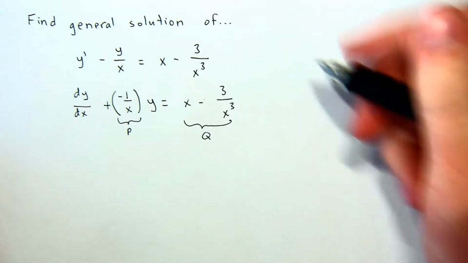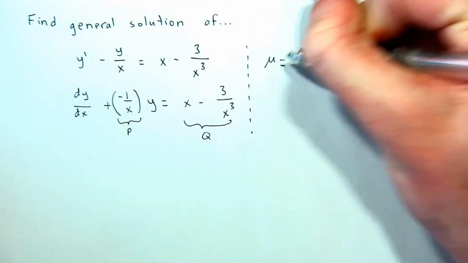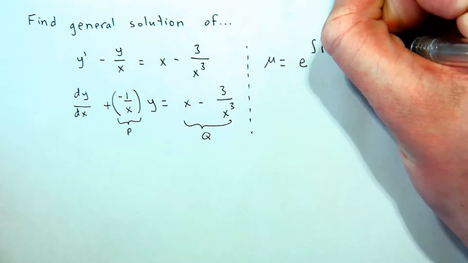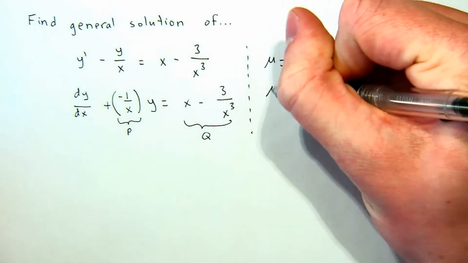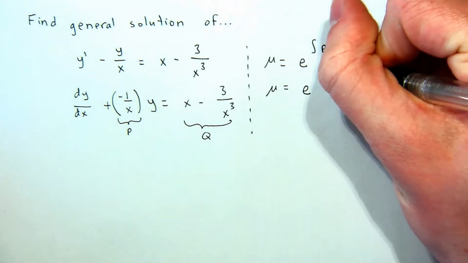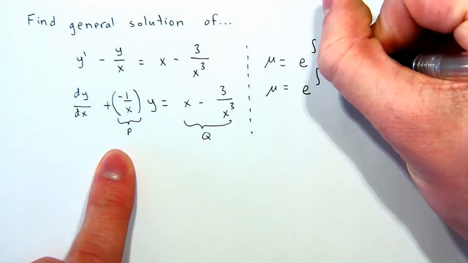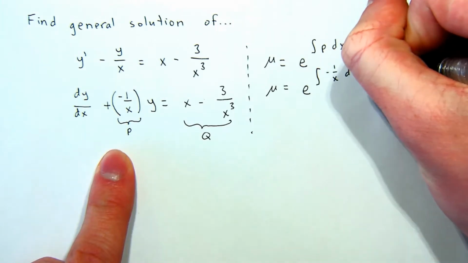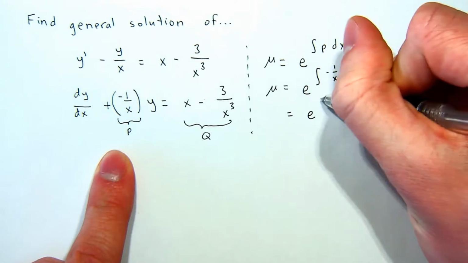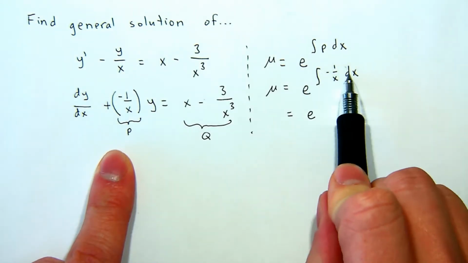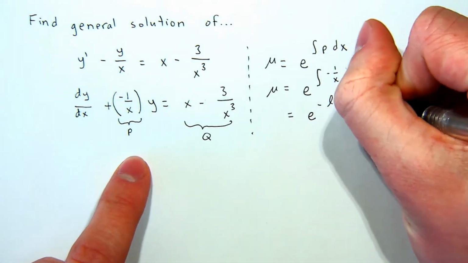So let's do a little aside here. Mu is equal to e to the integral of p dx. In this case, our p from our equation in standard form is minus 1 over x, so minus 1 over x dx. The integral of this, and this integral is all an exponent here, the integral of negative 1 over x is minus ln x.